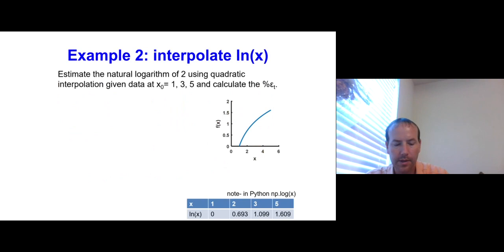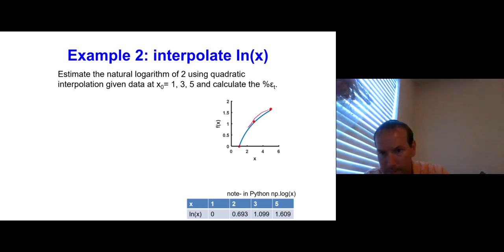Okay, so let's take a look at an example of that one, just so you can see how you would actually apply this quadratic interpolation. Similar to before, we're going to be interpolating this natural logarithm, and we're going to be using points at 1, 3, and 5 to find the quadratic that goes exactly through those data points.